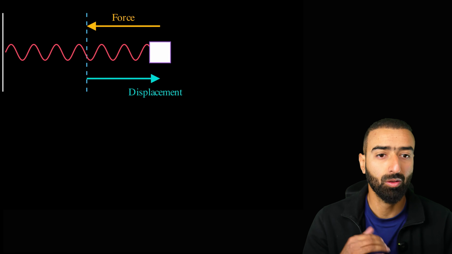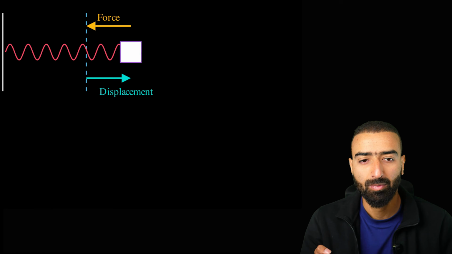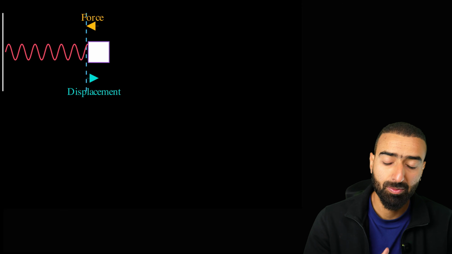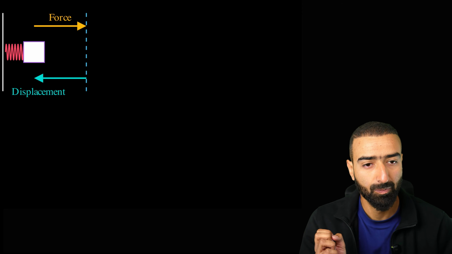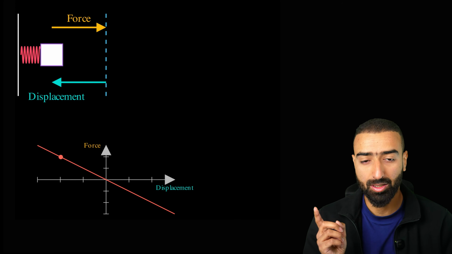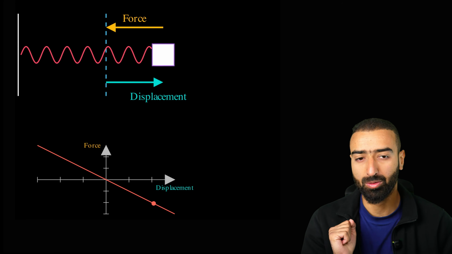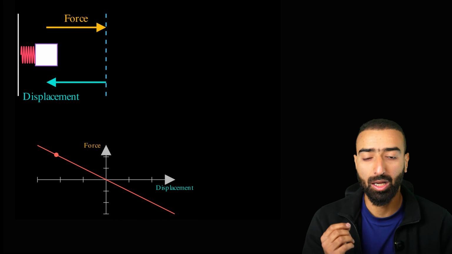This means that the force increases with the displacement. The same happens when the displacement is negative, that is, compression in the spring. Larger compression means larger force. Therefore, we can say that a spring block system obeys the first condition for simple harmonic motion. That is, force is proportional to the amount of displacement.